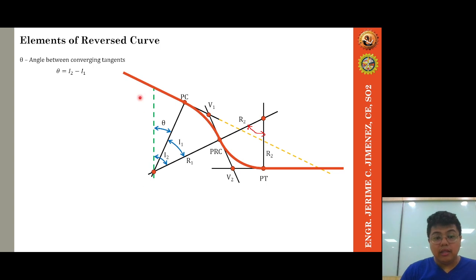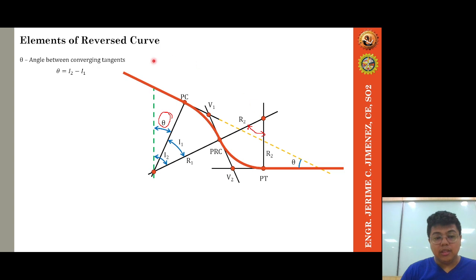At yung theta po na ito ay magagamit din po natin to get the angle of these converging tangents. And that angle is also theta. So, kung hindi given si theta, you can compute theta by getting I sub 2 and I sub 1.